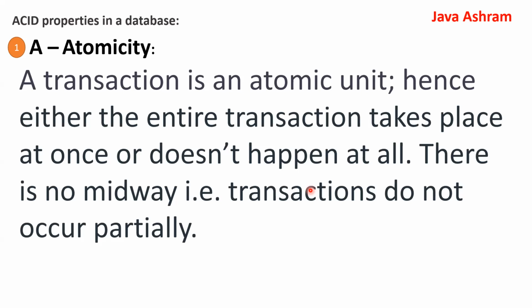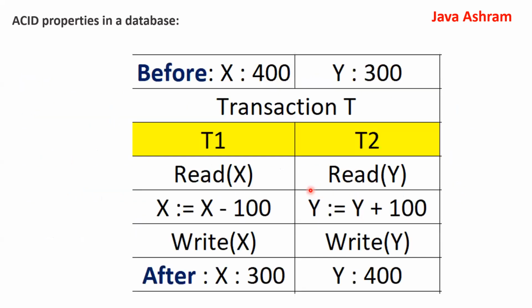Let's understand with an example. Let's say you have two accounts, X and Y, and you want to transfer 100 from account X to account Y. A single transaction T will get initiated, which will debit the 100 from X and credit the 100 to Y. To debit the 100, there will be a T1 transaction, and to credit, there will be a T2 transaction.